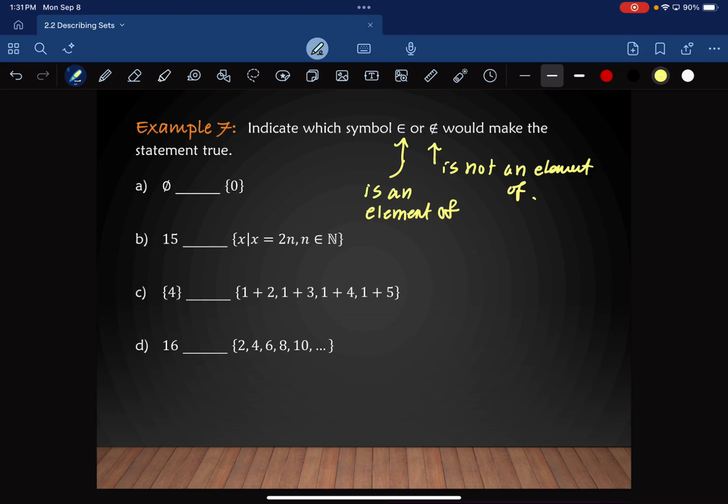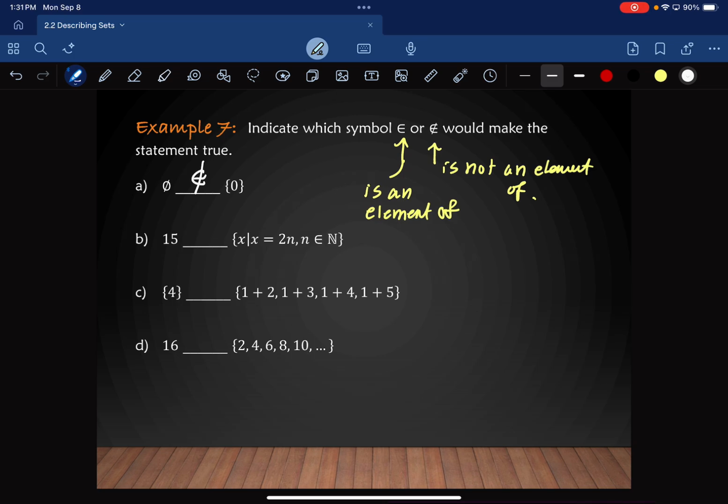It's not an element, and the reason is that it's not an element of anything. It's a set, and a set is a collection of things. So if I'm putting something in the blank, it's not an element of it because it's not an element at all. Okay, is everybody good with that?